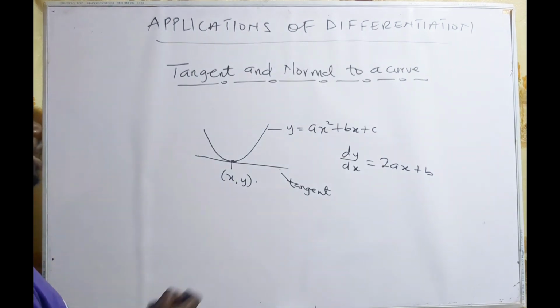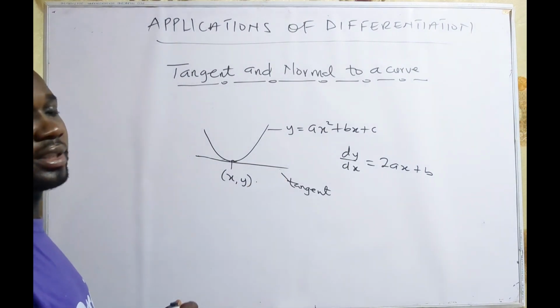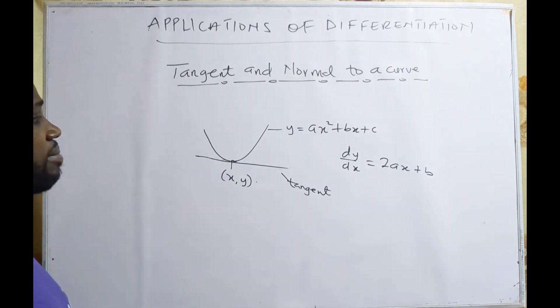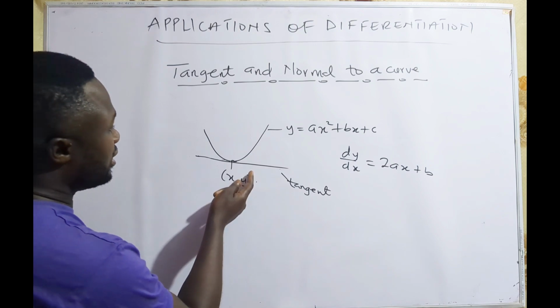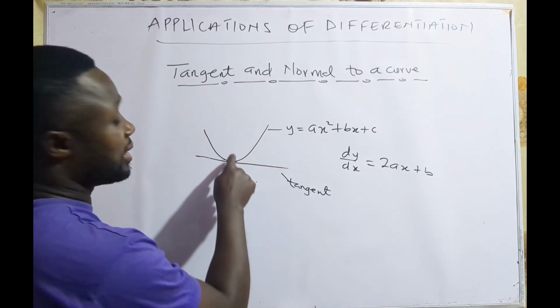So if I want to find the gradient of the tangent, then the gradient of the tangent can be obtained by substituting the point at which the tangent touches the curve.